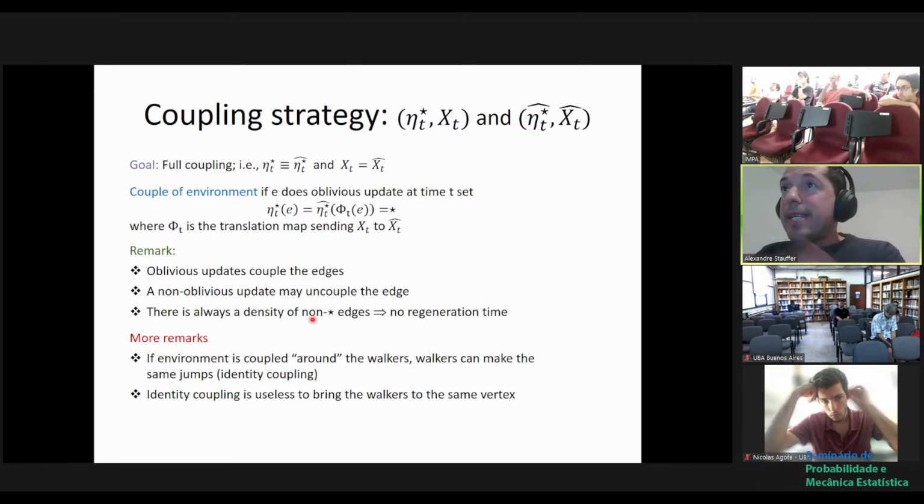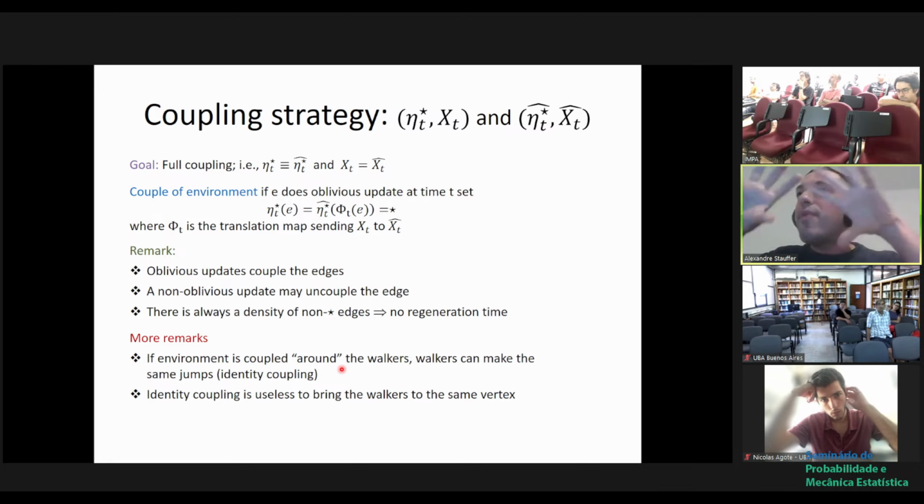Some more remarks. If in the two copies the environments are coupled around the Walker, so imagine that around each Walker, in a ball of some radius, I have exactly the same picture for the environment, then I could make the Walkers do the same jumps, right? If one jumps to the right, I make the other one jump to the right, and I can couple the Walkers in this way.